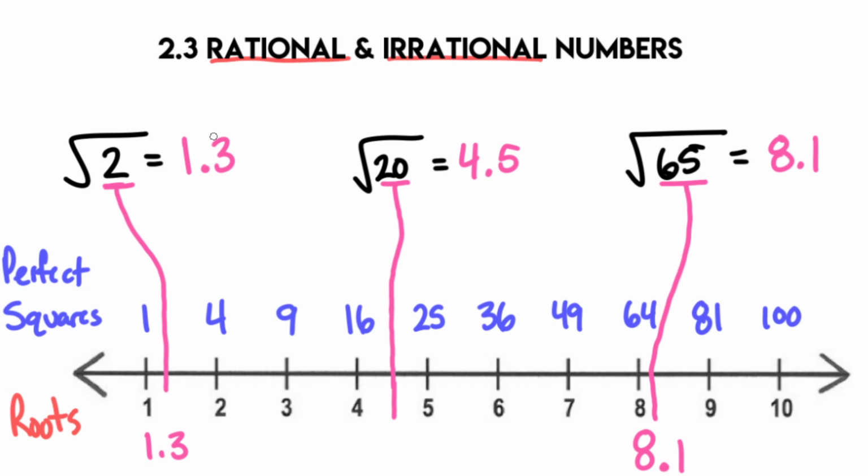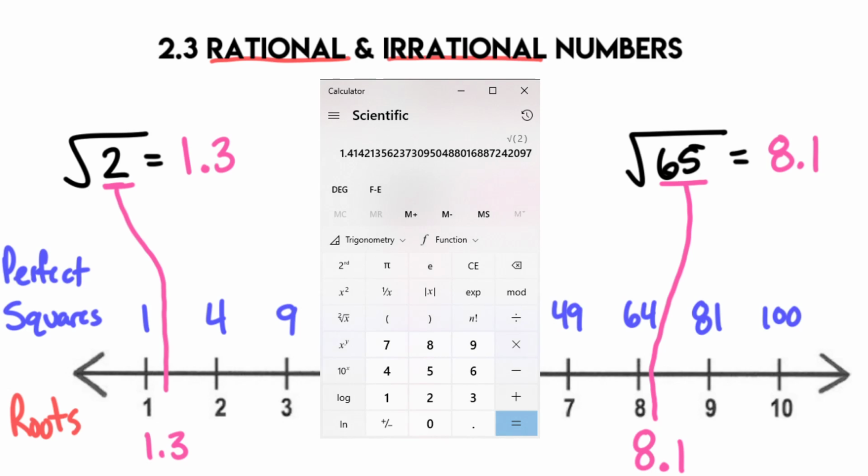I'm going to put this into a calculator to see what we get. If I take a perfect square, like 4, and take the square root, I get the number 2, a nice clean number.